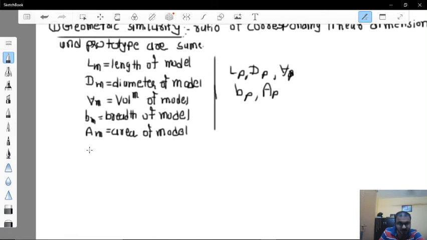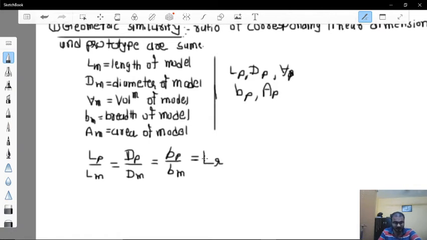So here LP upon LM is equal to DP upon DM is equal to BP upon BM is equal to LR, where LR is what? Scale ratio.